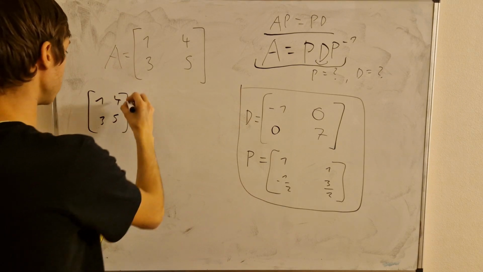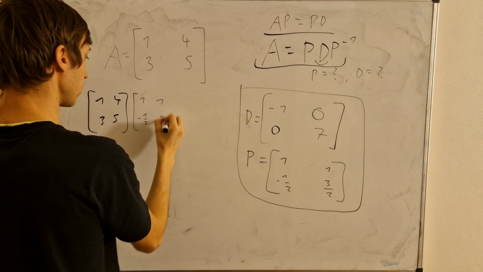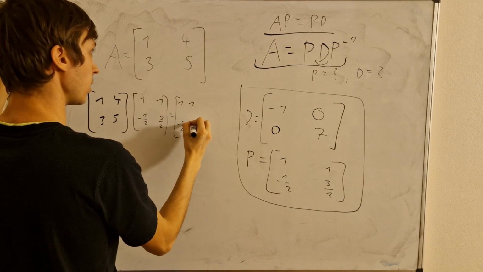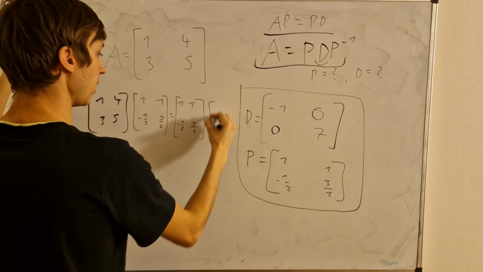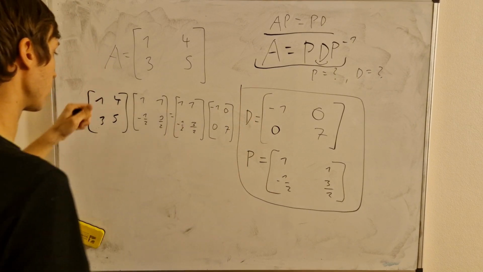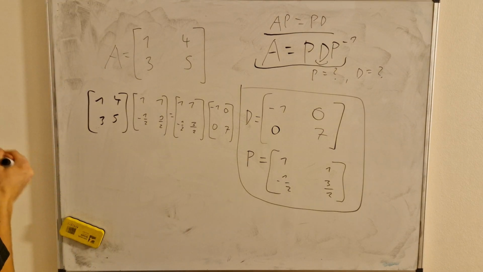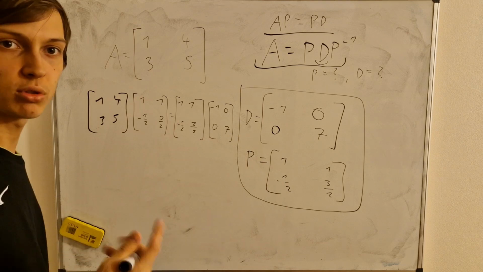A times P. P is 1, 1, minus 1 half and 3 halves. And it should equal 1, 1, minus 1 half and 3 halves times the diagonal, which is minus 1, 7. How we multiply matrices, I will not go that deep into. It's row times column dot product. Which row by which column, that's already something to know before multiplying matrices.